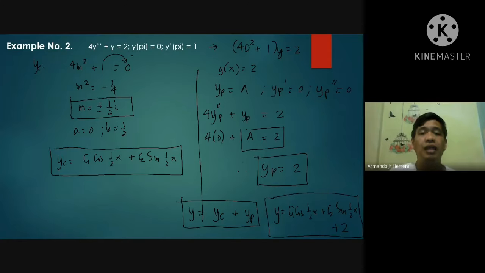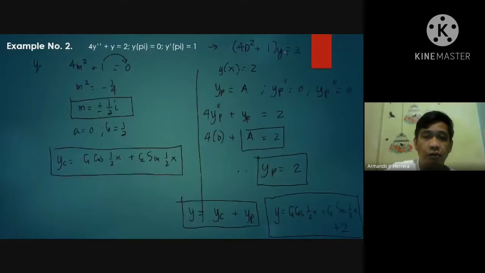But then again, meron tayong initial condition that relate natin ang ating general solution. So y is equal to c1 cosine 1/2 of x plus c2 sine 1/2 of x plus 2. So initial condition, y of pi is equal to 0, and then y prime of pi is equal to 1.